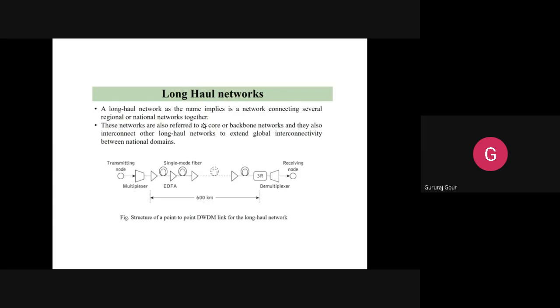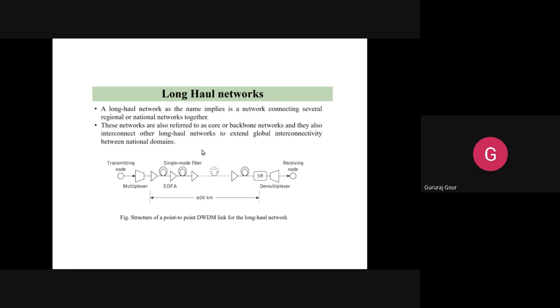This could be used to connect several regional places in the nation, as a national network, or it is also acting like a backbone or the core network, interconnecting other long haul networks to extend the global interconnectivity between different nations or continents.